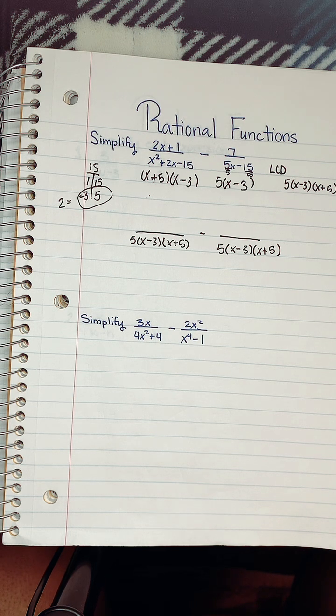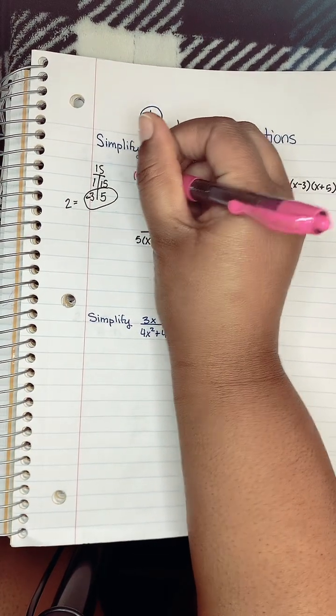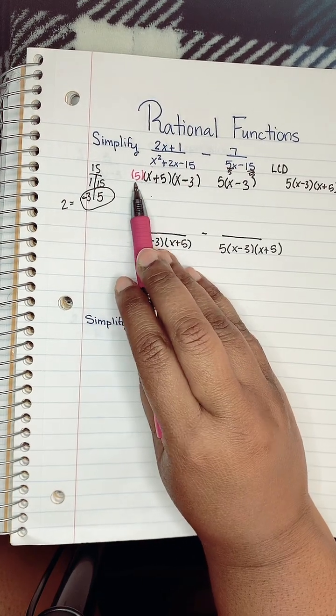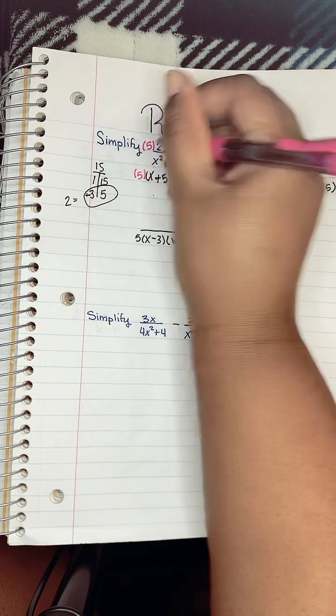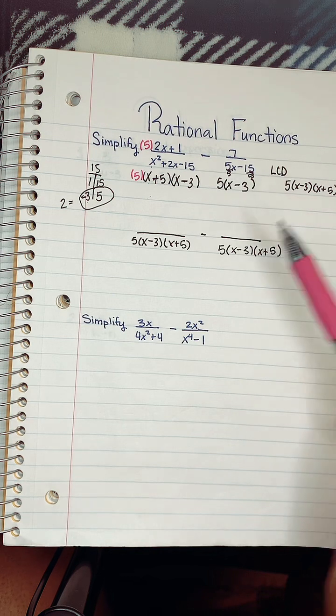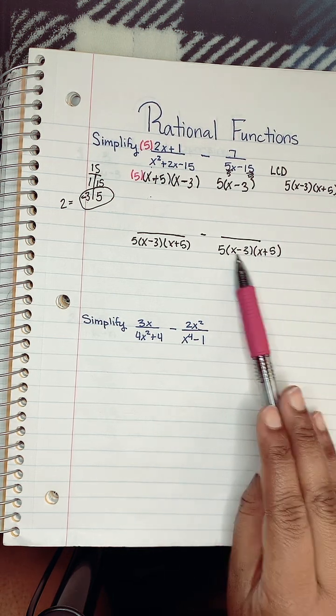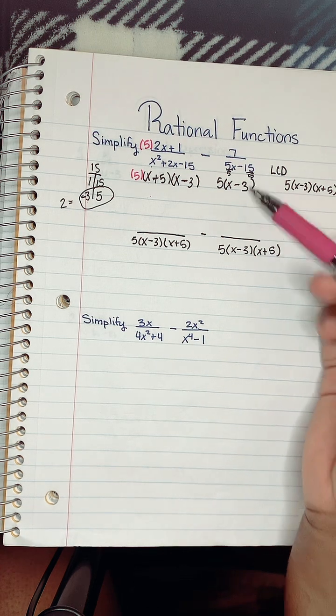Thank you for the shares. 5. Good. Yes, 5. So what I do to the bottom, if I multiply this by 5, I have to do to the top. Okay. Now let's go over here. What's missing from here to here? What are we missing on this side?